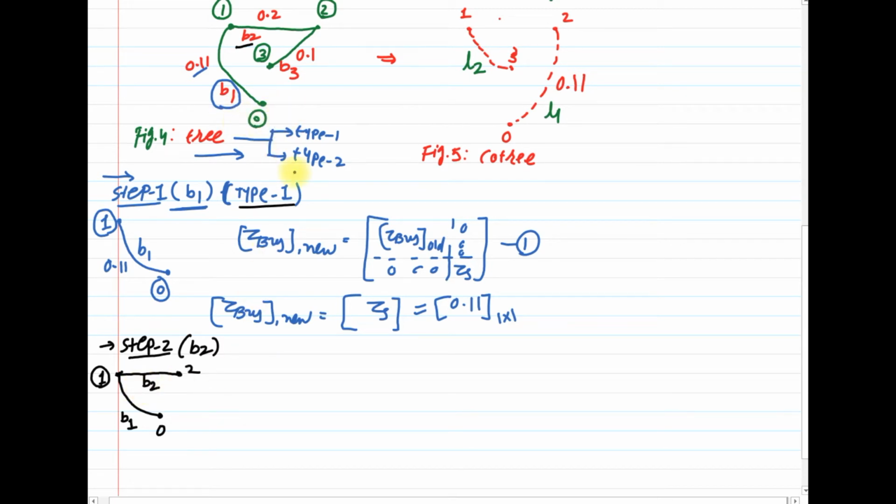Now let us see which type of modification will be eligible for this element B2. So we know very well that if the new bus is added or connected at the reference bus, then it is type 1 modification. That means a new bus is connected on reference bus.